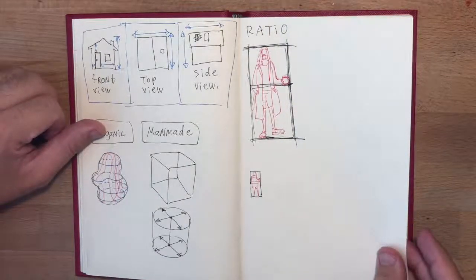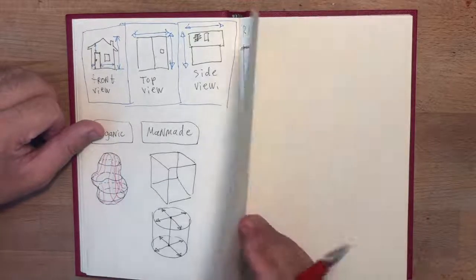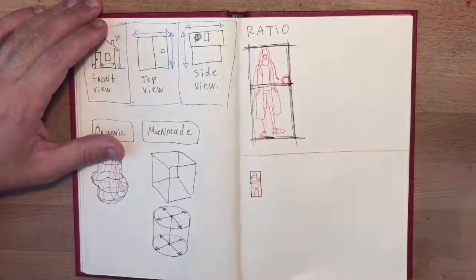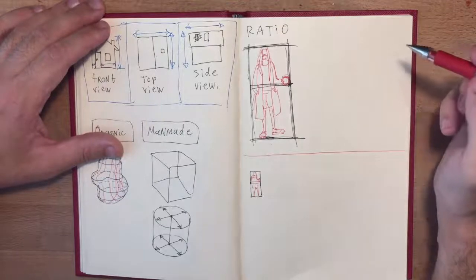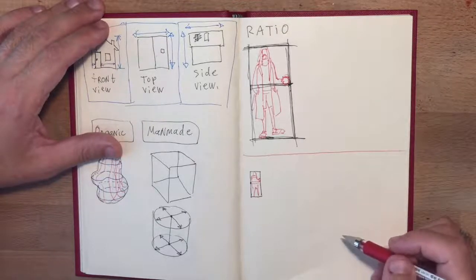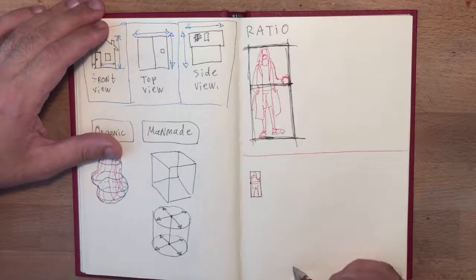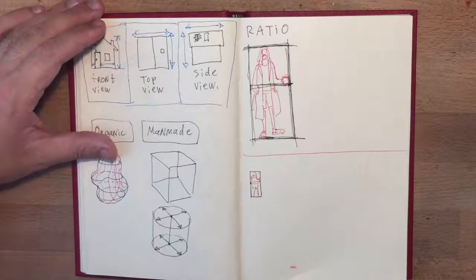So let's say, okay, what's here? Now perspective, we have a horizon line, and let's say the dude will stand here.